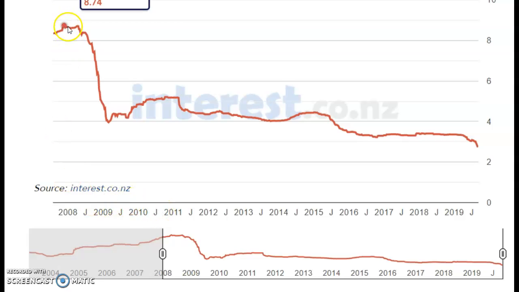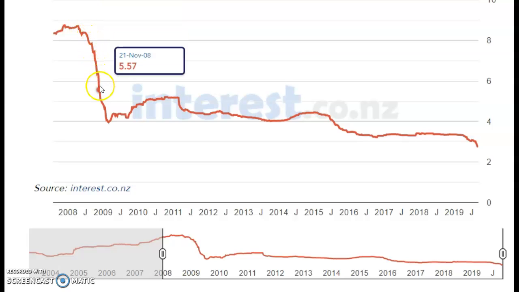So if I was at 2008, when I go up here and hold my cursor over it, it's currently showing November 2007. So in September 2008, the interest rate was 7.84%. Now this is on savings, term deposits.